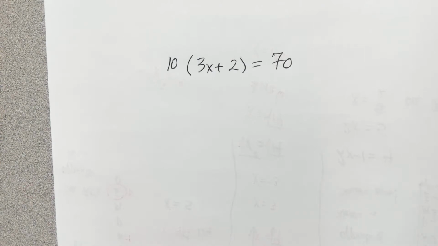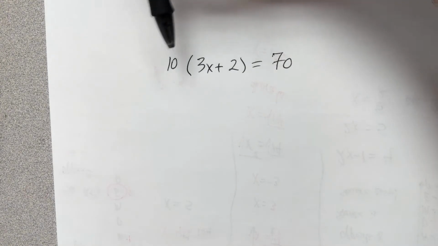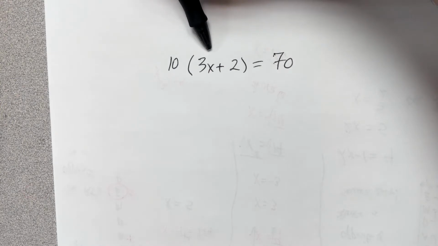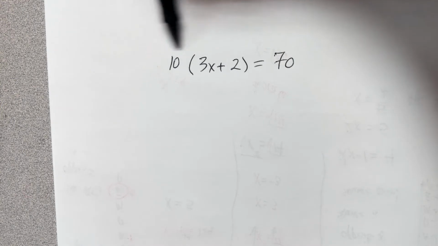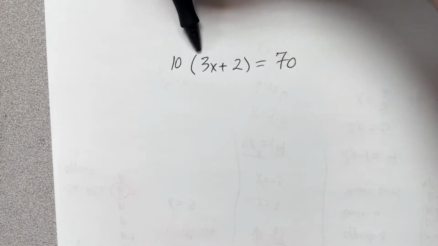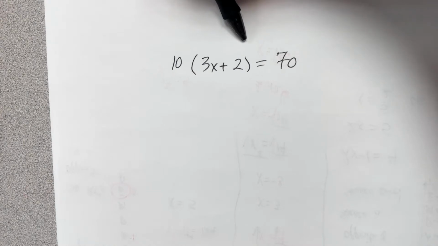I just randomly picked one. This one's kind of weird because students that just like to do stuff without thinking sometimes make a lot more work for themselves. See, the 10 is multiplying, right? And we could distribute. You guys know how to distribute that. You could, and then you could solve it from there, and you would get the right answer. But you would be dealing with a 30 and a 20.